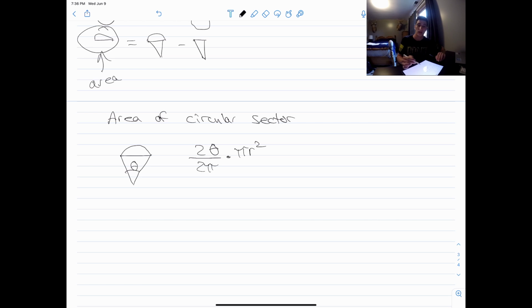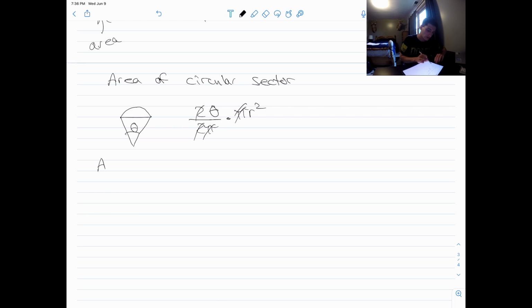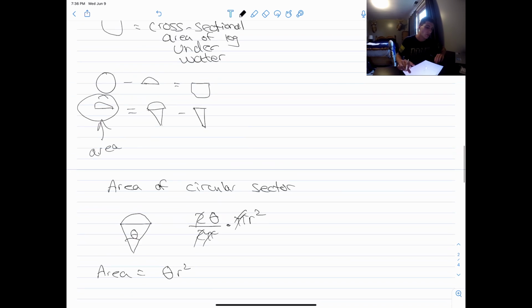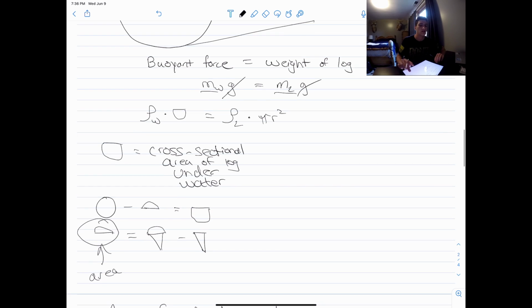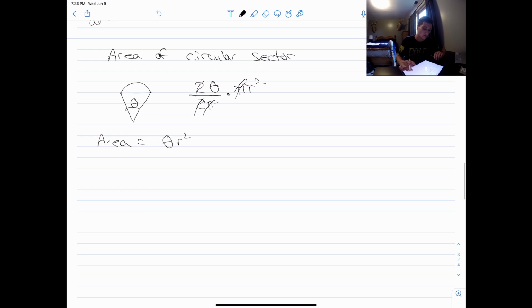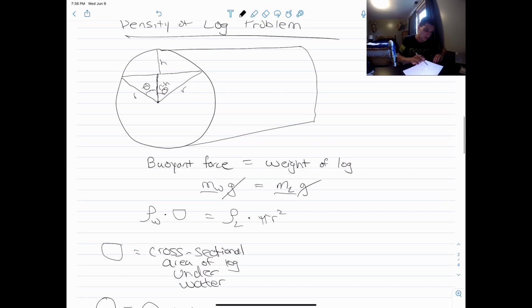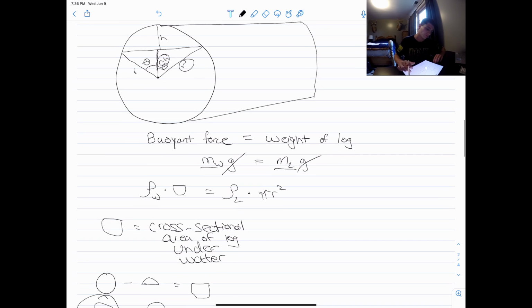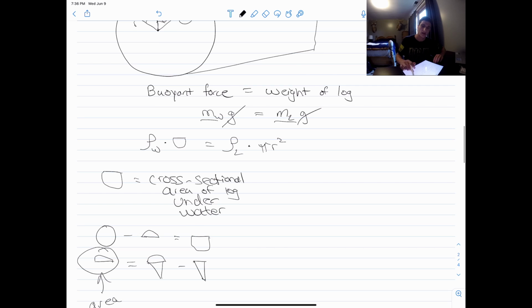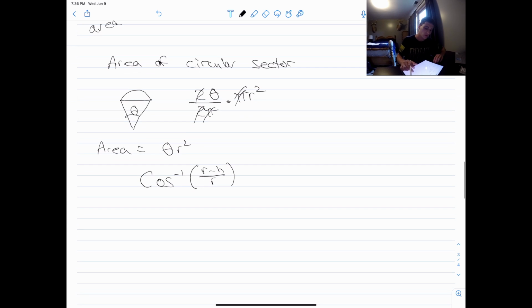Conveniently, a lot of this cancels out. Our 2's cancel out and our pi's cancel out. So our area is equal to theta, our angle, times our radius squared. Well, we don't know theta, and we want to find the density in terms of r and h. But we can do this by using a simple trig substitution, the arc cosine of r minus h over r, using our triangle up here, since r minus h is adjacent.